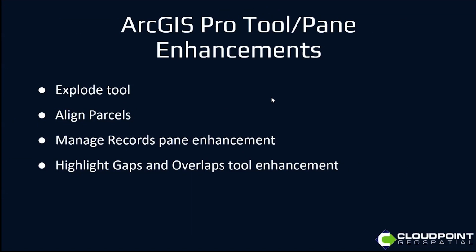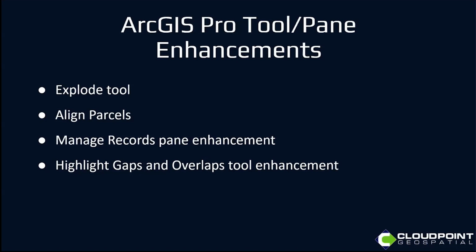Okay, a few enhancements to ArcGIS Pro tools. There is new functionality with the Explode tool that will create historic features for you. With the Align Parcels tool, there's an enhancement to maintain straight lines with your alignment links.